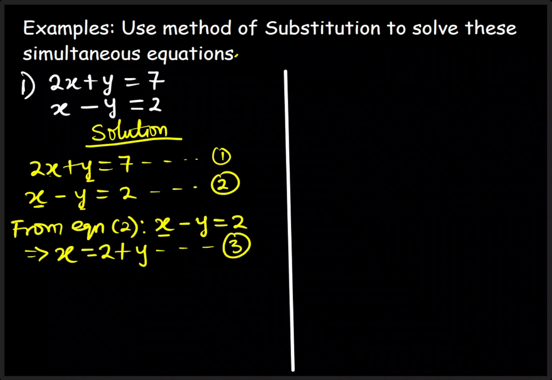So now that we've done that, what are we to do next? The next step was telling us to substitute the value of this subject into the other equation. So we substitute the value of x, which is now x = 2 + y, into equation 1.